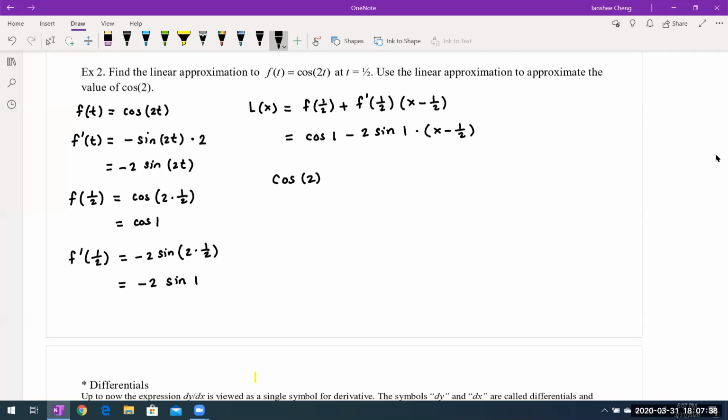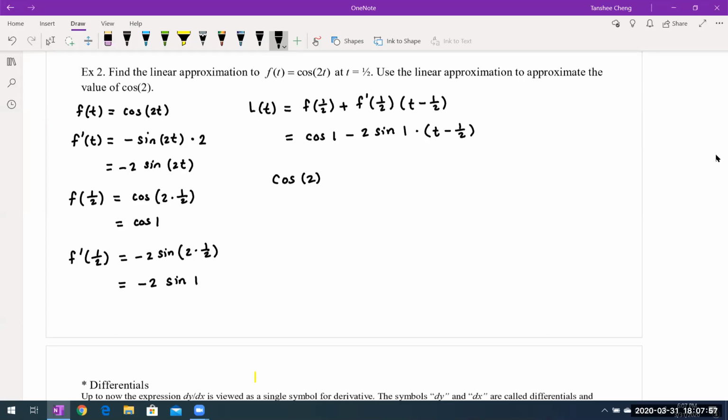You know what? I'm going to change this, because every input right here is t. So I'm going to change it to t on my linearization function. Otherwise, it will not be consistent anymore. So make sure you change that. So t right here, t, and then t minus 1/2.